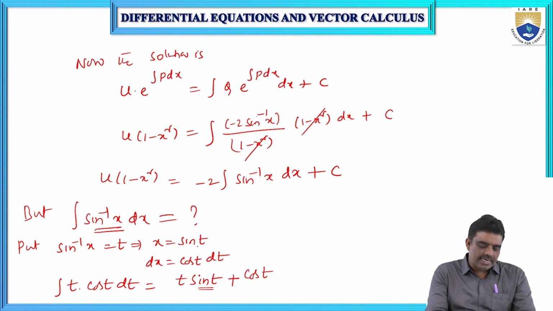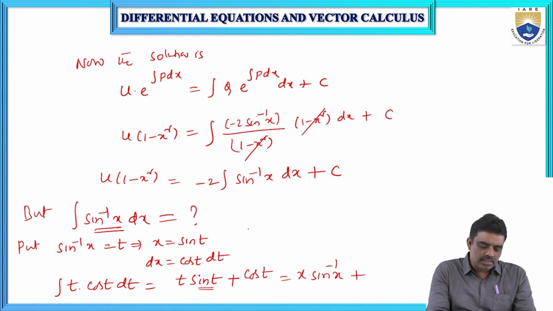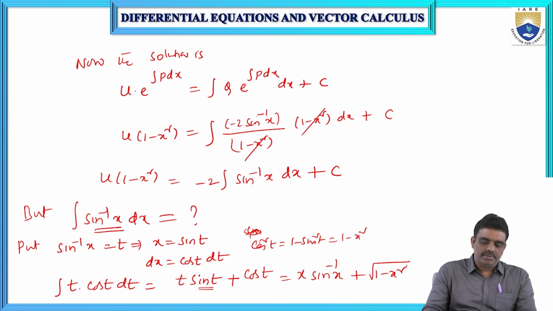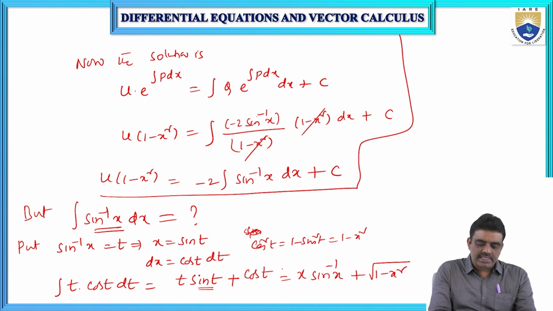But what is sine t? Sine t is equal to x, and t is equal to sine inverse x. So x into sine inverse x, first term, plus cos t. What is cos square t? 1 minus sine square t, that is 1 minus x square. So cos t means root of 1 minus x square. So this is the result of integral sine inverse x dx.